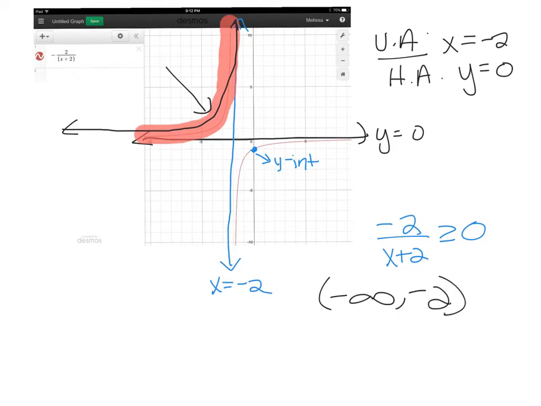This piece in red that I highlighted is going to approach that vertical asymptote but never intersect it. So our solution to this inequality is that the function is greater than or equal to 0 when x is between negative infinity and negative 2.